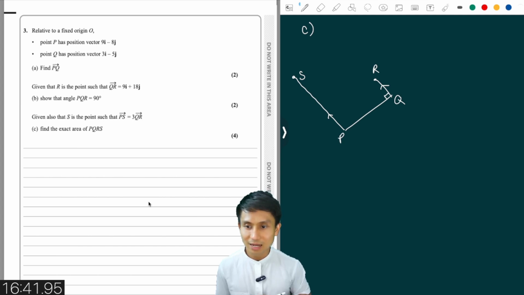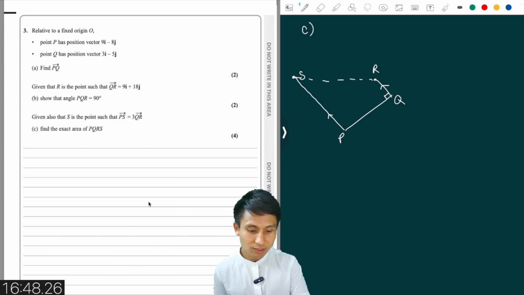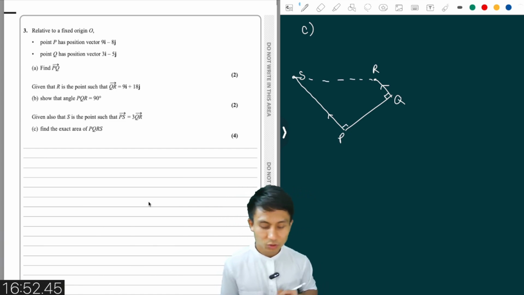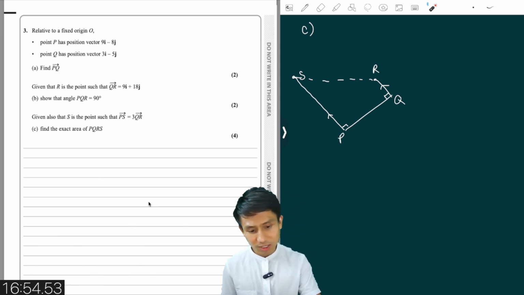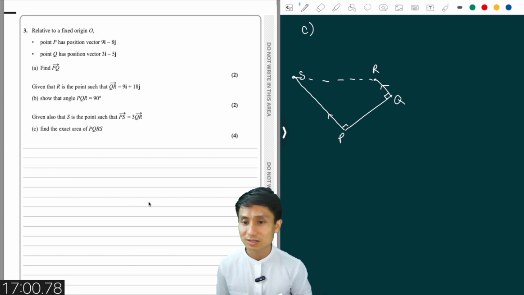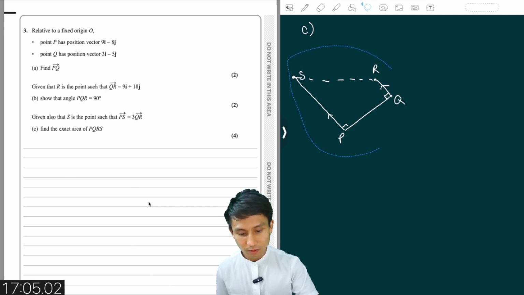Now we find the exact area of PQRS. All right. So if we draw this line, that looks like a trapezium indeed. So trapezium means that we just have to find these lengths and use the 1/2 times height times the sum of parallel sides. Okay? All right.